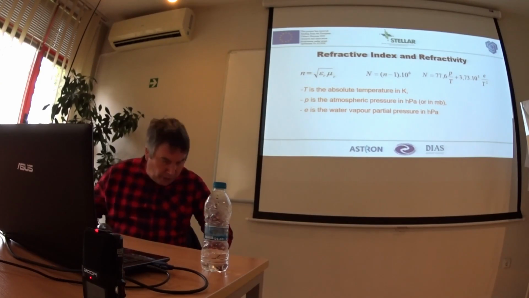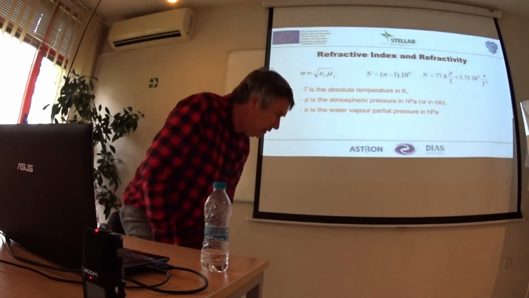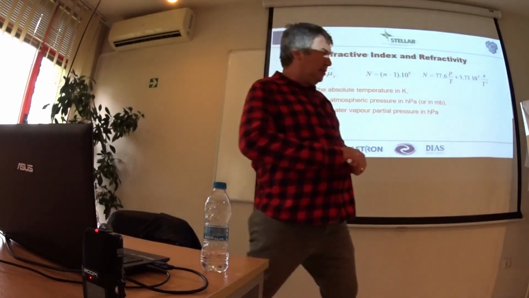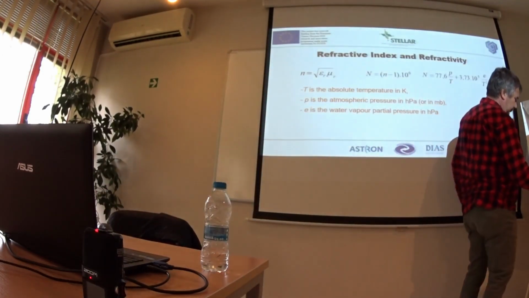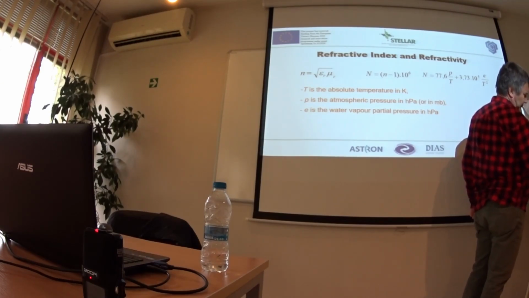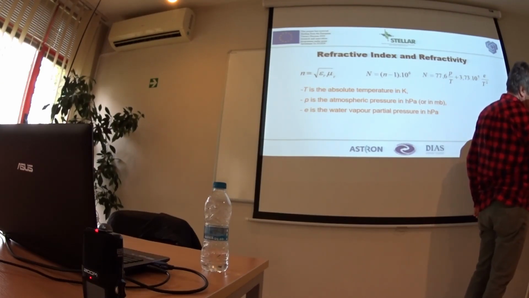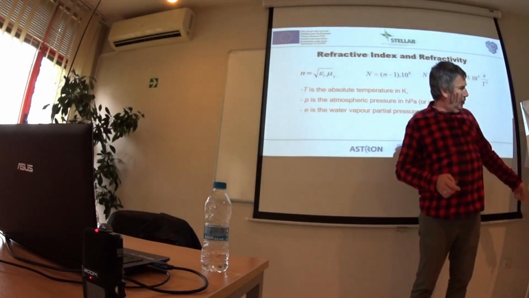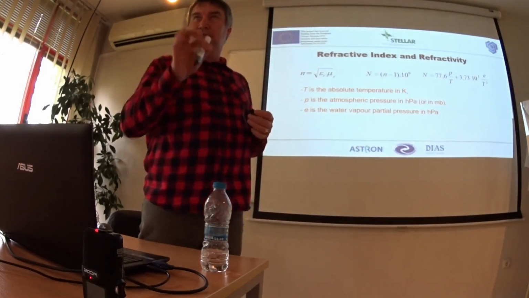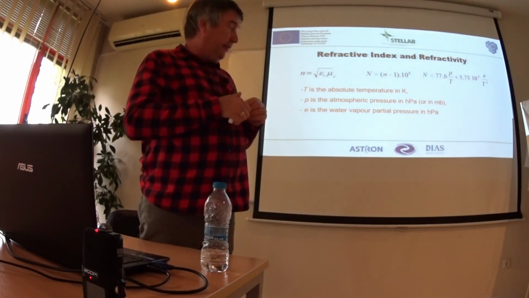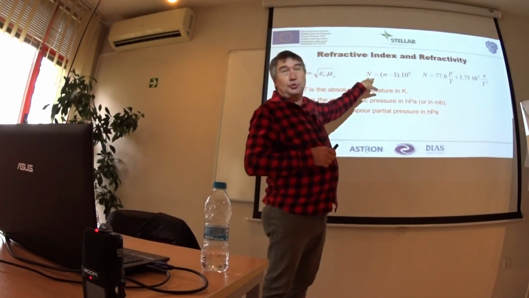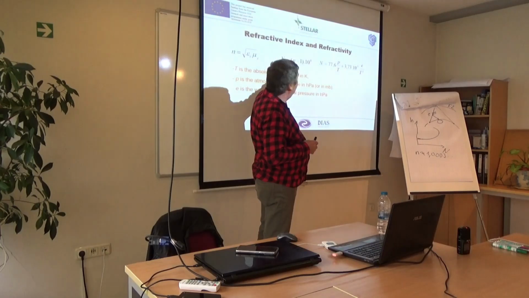Because this is something like 1.0003 around this value, this n. It is better to use this one.